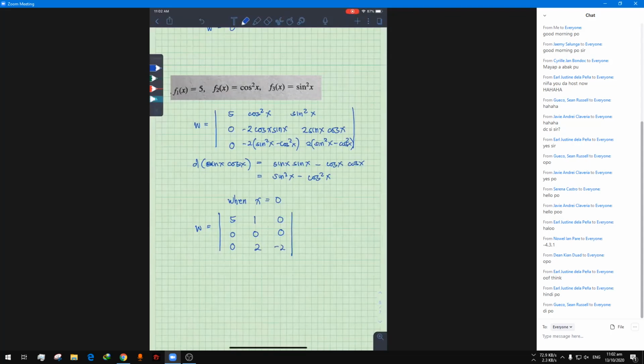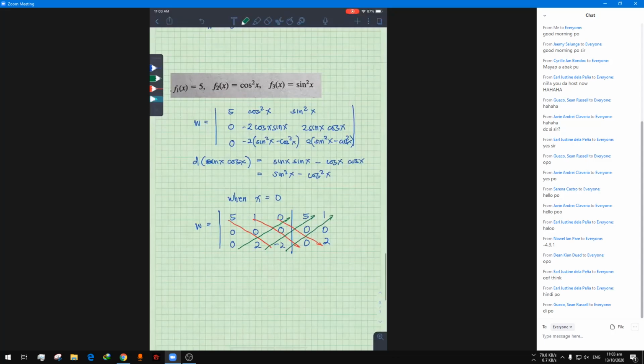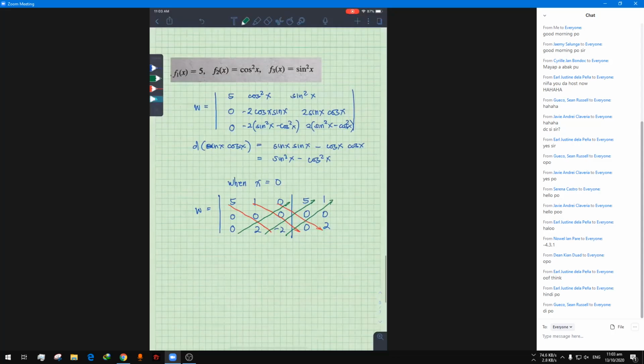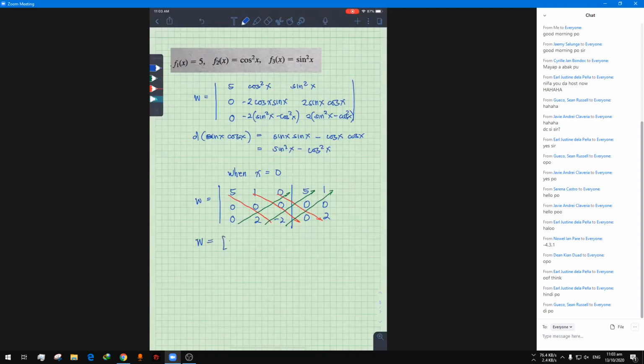Ito, obviously, no? Kasi ang buong row mo, it's already 0. So kahit ulitin mo to, so 5, 0, 0, 1, 0, 2. So yung downward mo, so what can you see? So W mo would be 5, 0, negative 2, 0. 1, 0, 0, 0. 0, 0, 2, 0.